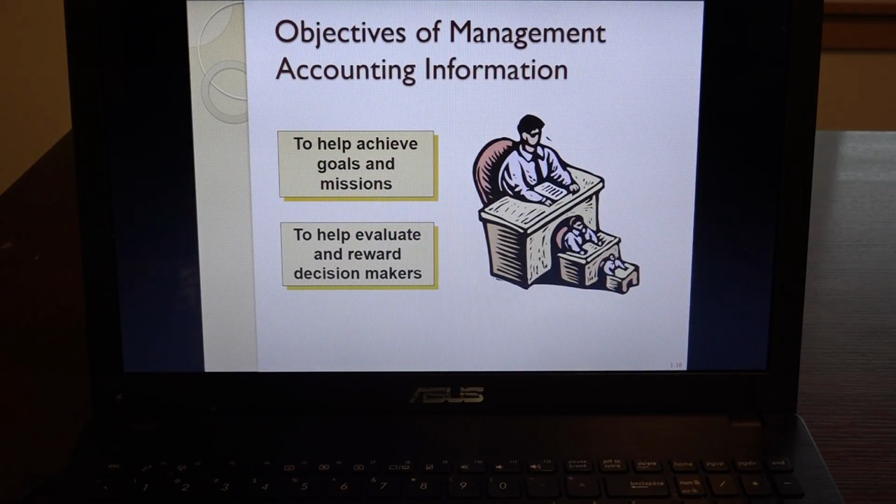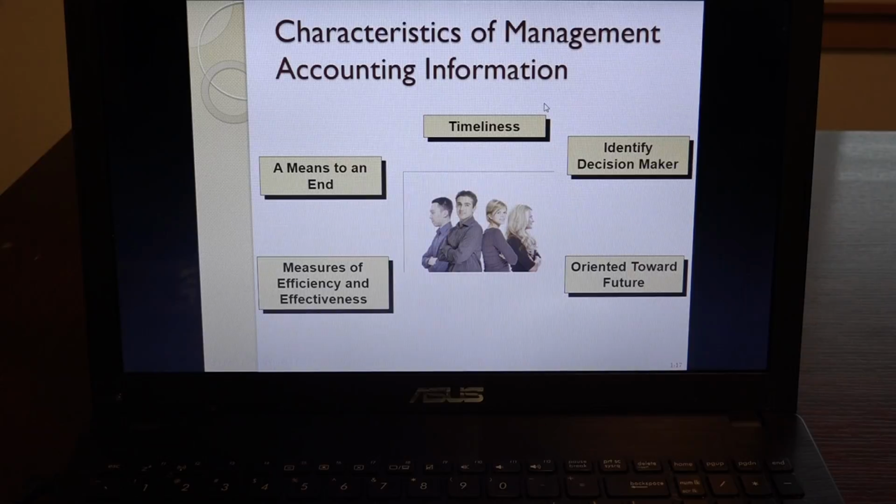All right, so objectives of management accounting information, you'll see this again: to help achieve goals and missions, to help evaluate and reward or punish decision makers. They don't mention that little detail. Characteristics of management accounting information: timeliness. In order to make good decisions, the information has to be timely. You have to identify the proper decision maker.